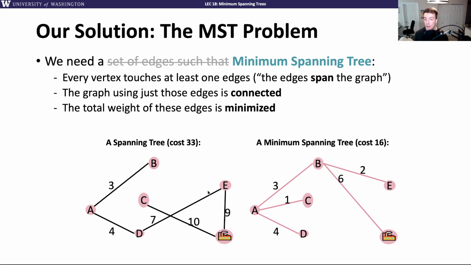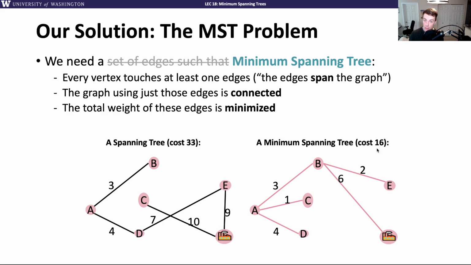Our job, to help our friend at the electric company, is to have an algorithm that searches over, in some sense, all spanning trees and finds the one with minimum cost. So in this example, the solution I showed you earlier is going to be the minimum spanning tree because it has cost 16.